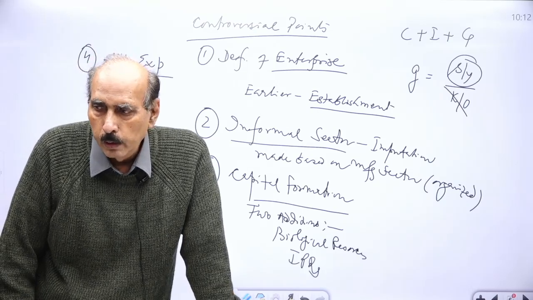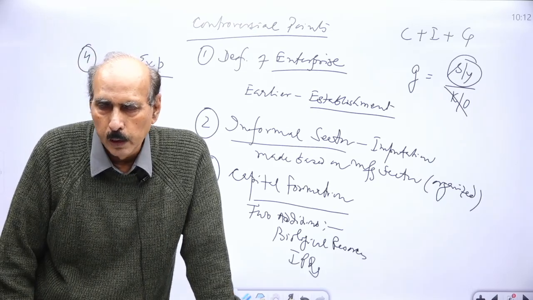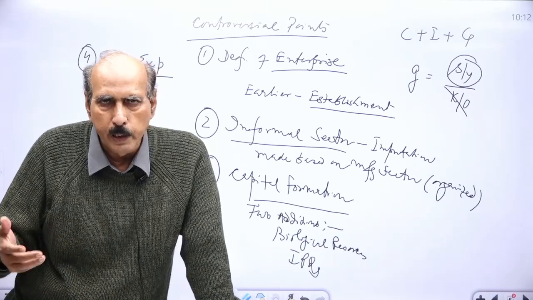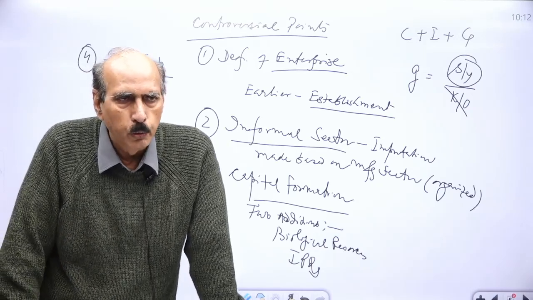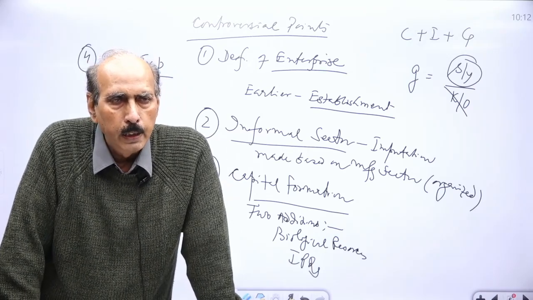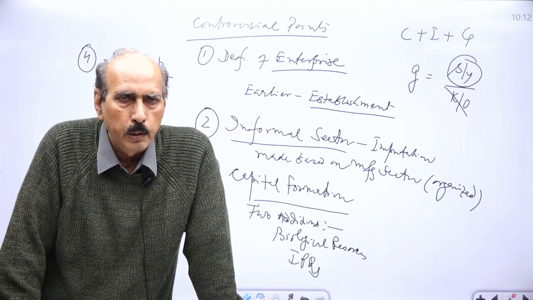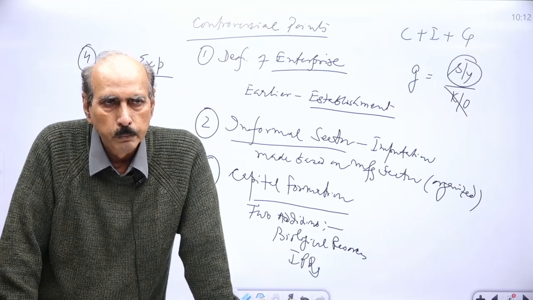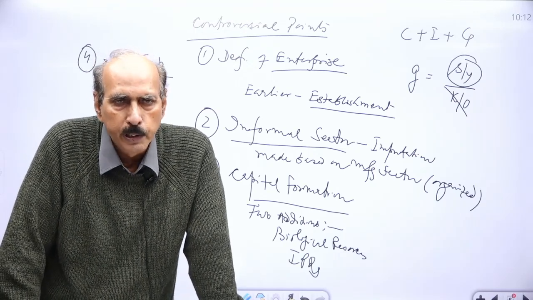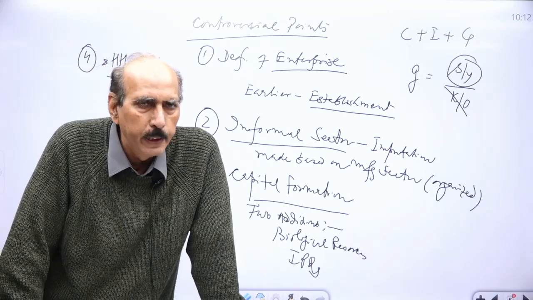Not GDP rate of growth; when I am saying GDP rate of growth, it means rate of growth of GDP. Rate of growth of GDP was 8 to 9%. And the gross capital formation was 37%. Exports were around 25% of the GDP during this period.